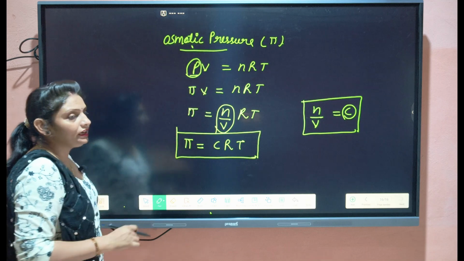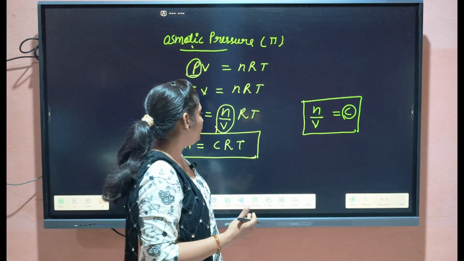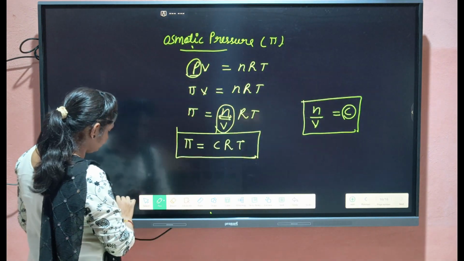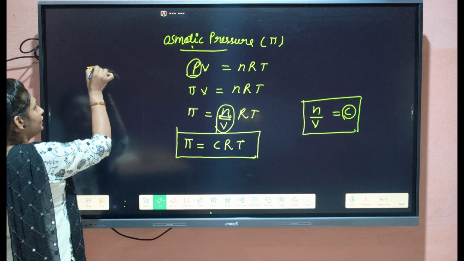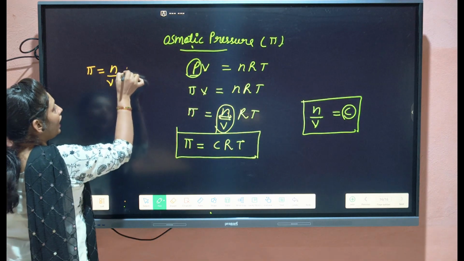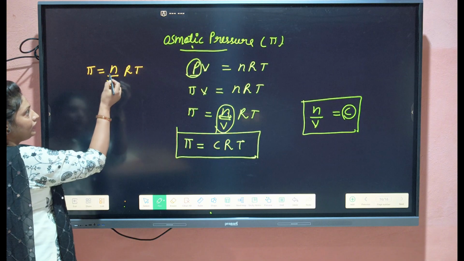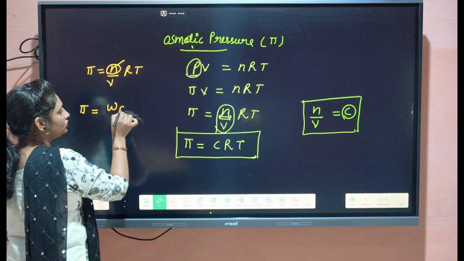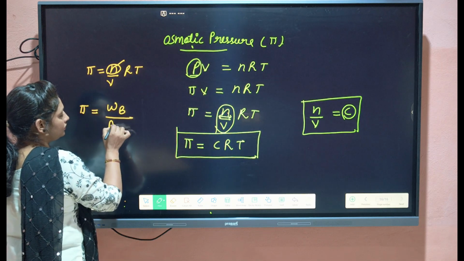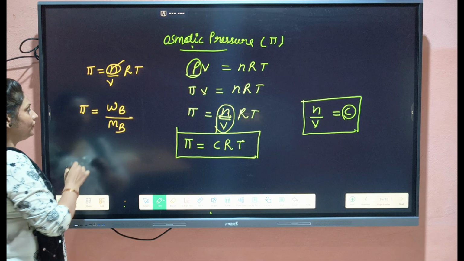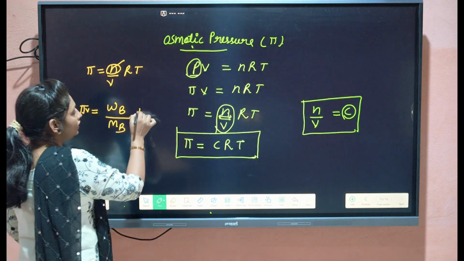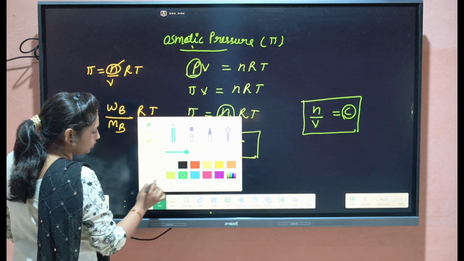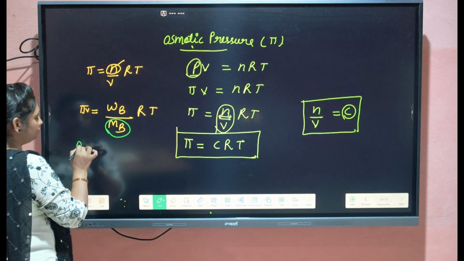Students, from here we can calculate mass of the solute also. Here n is the number of moles of solute. So pi is equal to n by V RT. How can we calculate number of moles? Given weight of the solute divided by molecular weight of the solute. Okay, I can take V that side, RT. Now, if I want to calculate molecular mass of the solute, then take MB that side.